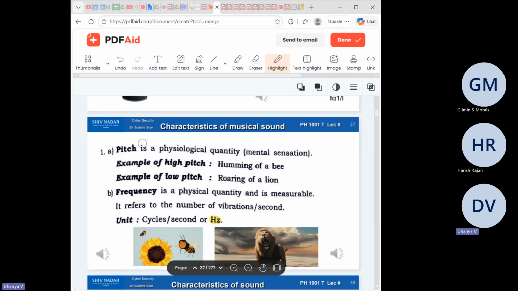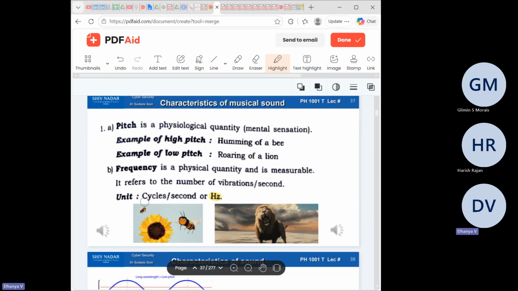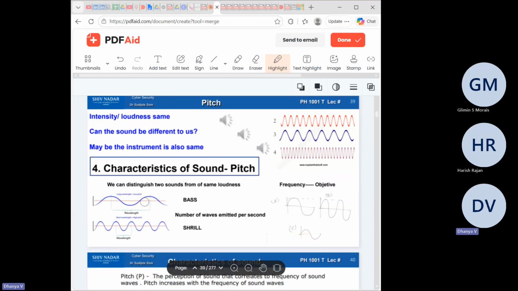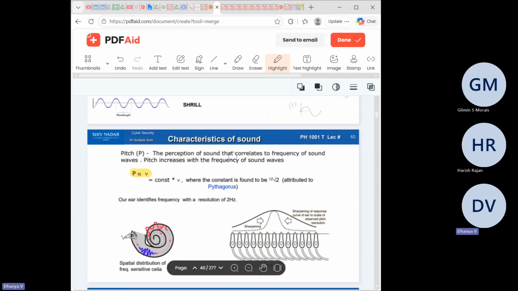Pitch is again a similar thing as loudness and intensity. Pitch is the physiological quantity, so there's high pitch, low pitch, all of that. But frequency is the physical quantity and it is measurable. Pitch is essentially the perception of sound that correlates to the frequency of the sound wave.